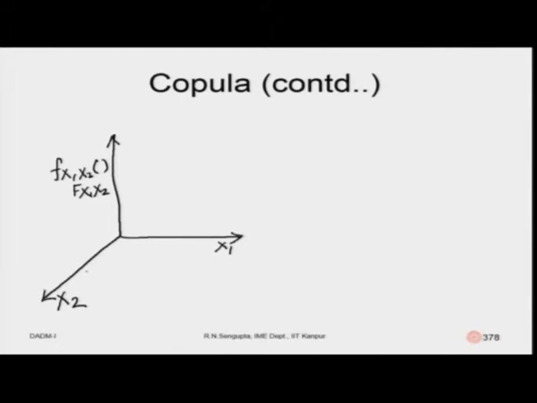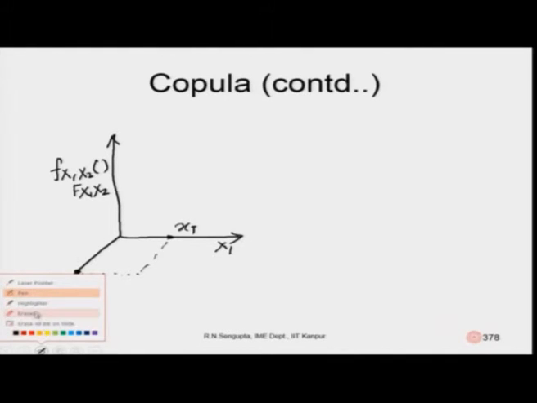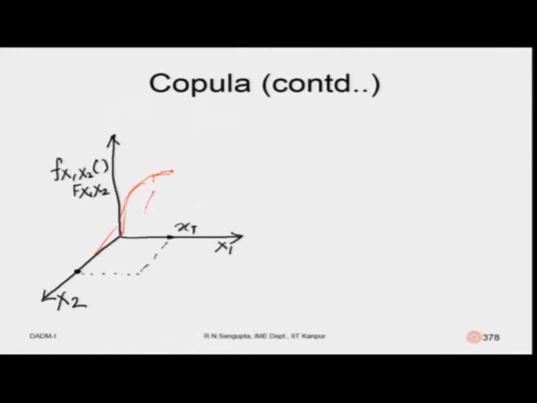So, if you pick up any two values x 1 x 2, in the third dimension it will be some, let me use the red color, some distribution which is in the 3-dimension case, some value which will be here.